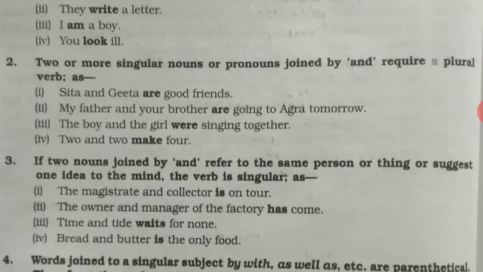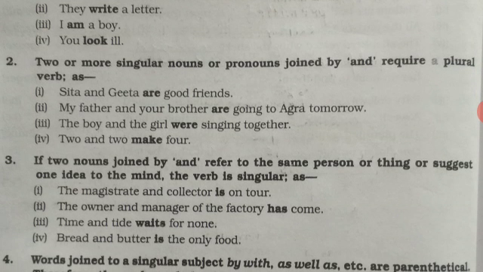Now rule number third. If two nouns joined by and refer to the same person or thing or suggest one idea to the mind, the verb is singular.